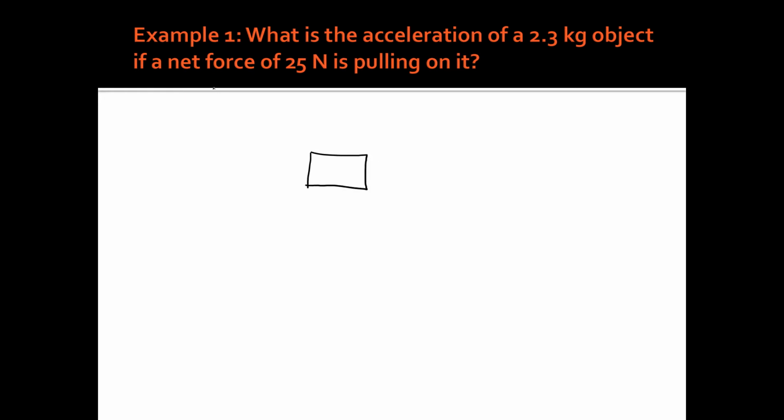Okay, it's already telling us what the net force is. It tells us that the net force is going in this direction. Okay, so this is already the unbalanced force. Actually, it doesn't tell us what direction it's going. I'm just going to assume it's going in this direction. In your notes, you can make it go in whatever direction you want. Okay, mass of this object is 2.3 kilograms.